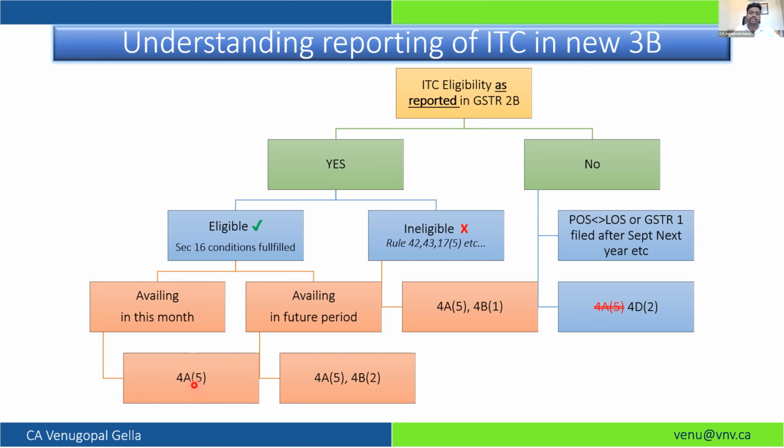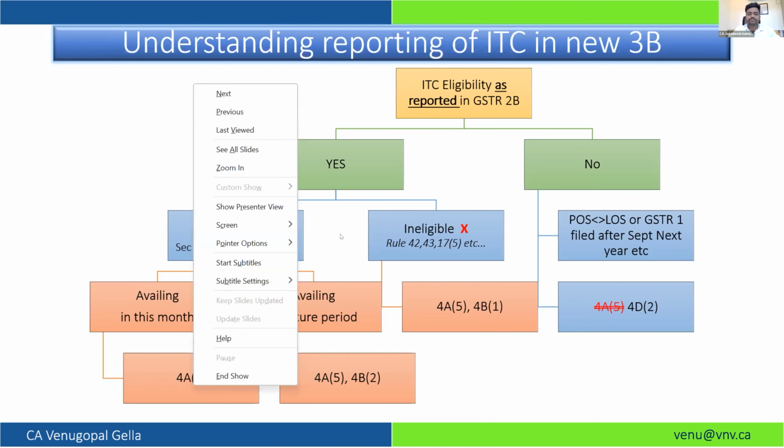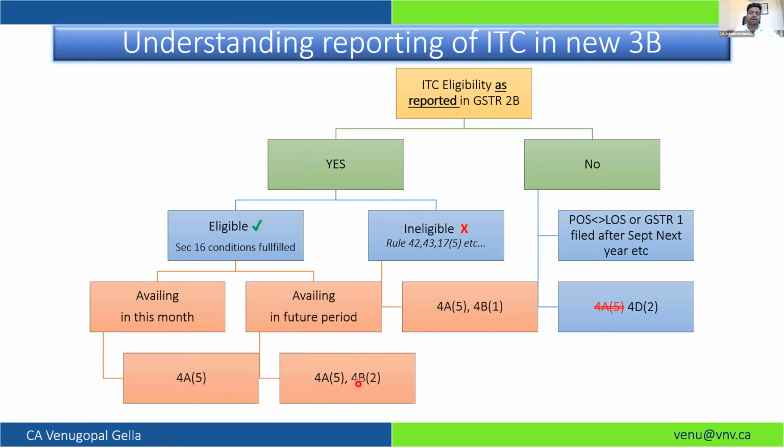If I do not fulfill any of the conditions, in that case I will not disturb my auto-populated figure, but I will reverse the credit under temporary reversal, because in future I may fulfill them. When I fulfill all the conditions, I will take the credit back.